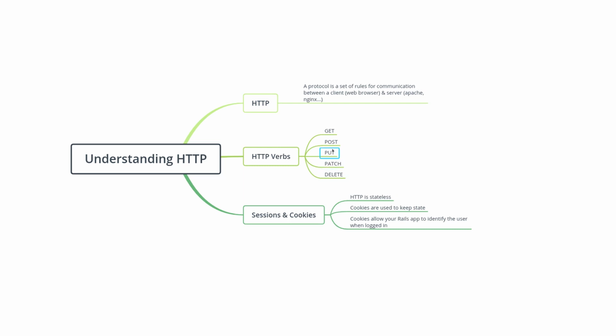So these two, PUT and PATCH, are used for updating. PATCH is when you want to update just one part of the user. So if you have a user model, maybe you just want to update your email address, or you want to change your password. That will be a PATCH request. And then PUT, there is a slight difference, if I understand correctly: you are replacing everything.